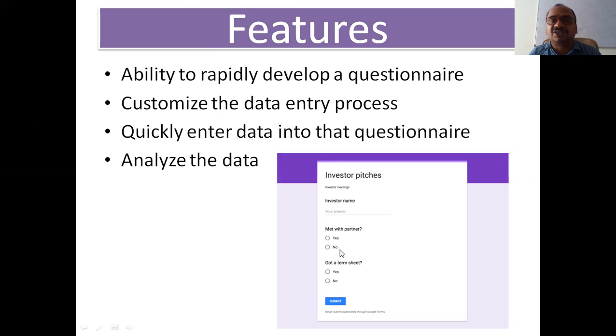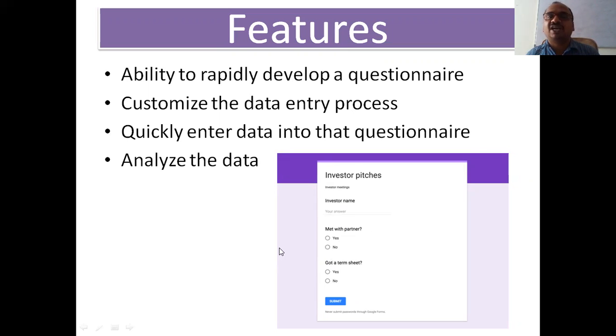Here you can see questions are there. Here one question, here one question. Like that, however many questions you want, you can prepare, not on paper but in this software. You can directly type and send them through the software. They will fill it in, customizing the data entry process. They will quickly enter the data into the questionnaire. Answering is also easy.